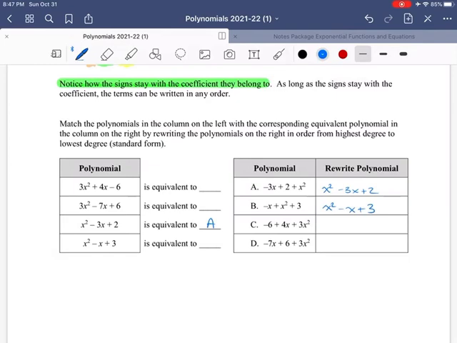And if we scan through the list, that's the same as this one. If you rewrite this one, 3x squared plus 4x minus 6, that's equivalent to the first one. And the last one, again, if you rearrange 3x squared minus 7x plus 6, that is the second one. So CDAB is what you should have written down. Hopefully you came to that same conclusion.